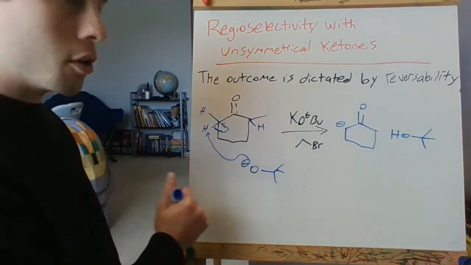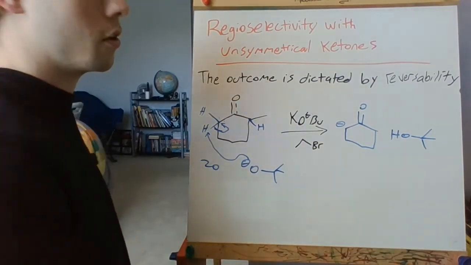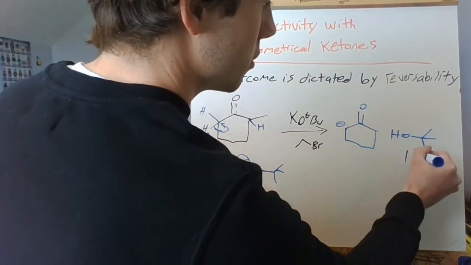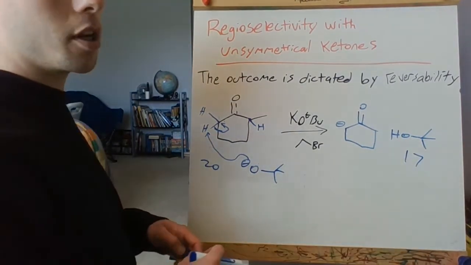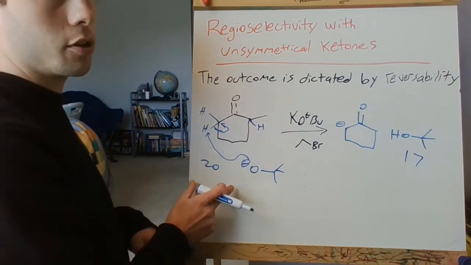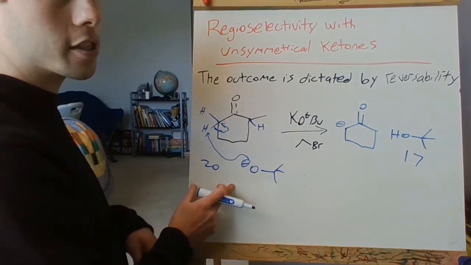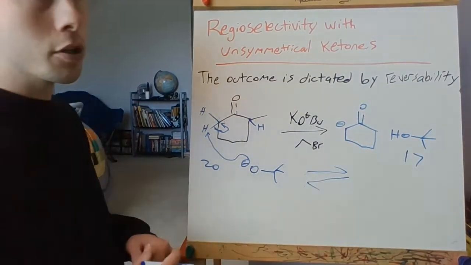What's the pKa of one of these hydrogens? It's about 20. What's the pKa of the hydrogen on tert-butanol? It's about 17. And so there's only 3 pKa units different here. And actually the equilibrium is probably going to lie a little bit more on this side since the pKa is higher. And so this reaction is reversible.